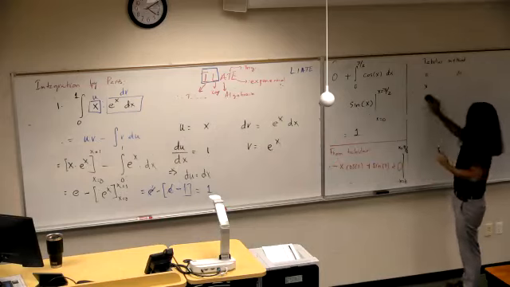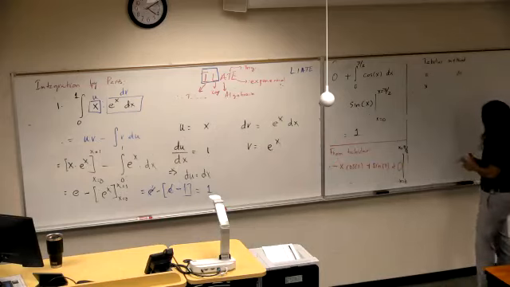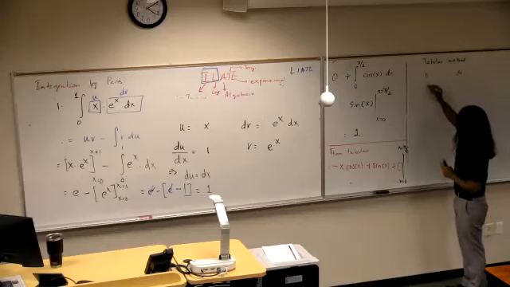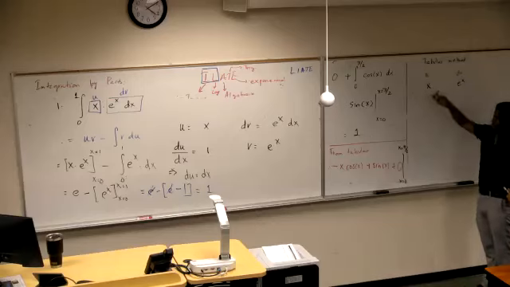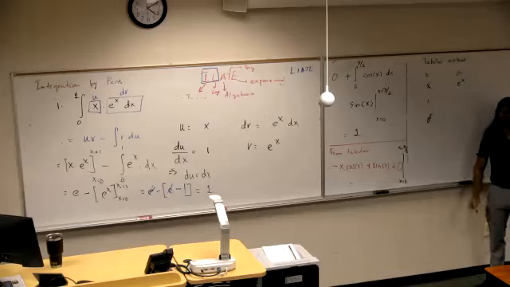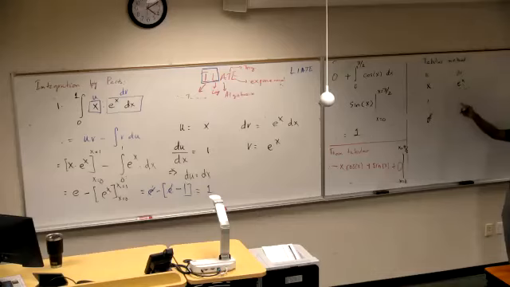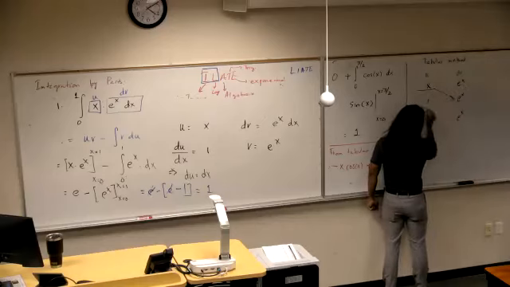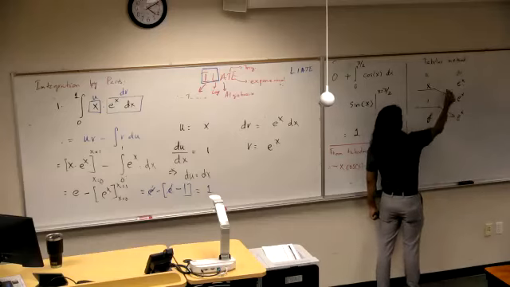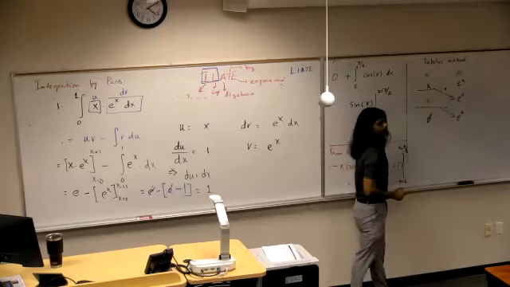I'm redrawing this so that you can understand. So x, e raised x, successive differentiation: x becomes 1, derivative of 1 is 0. I'm going to stop right there. Integral of e raised x, e raised x, e raised x, one more time, e raised x. Good. Run, jump, positive, negative.